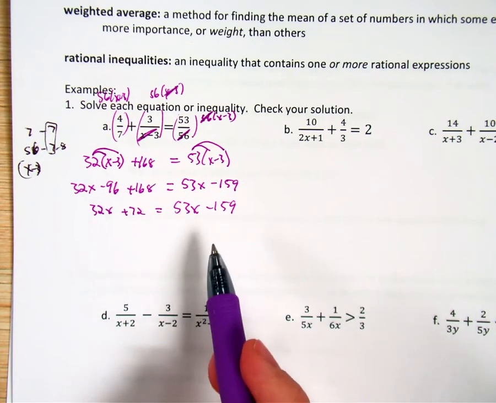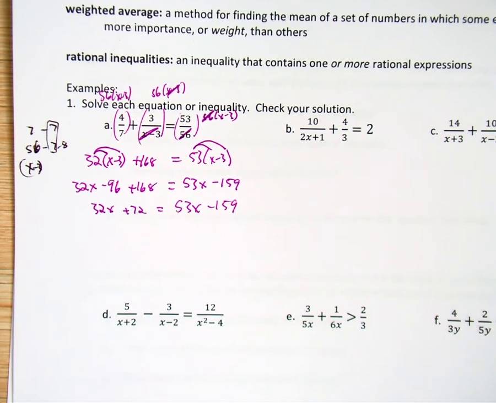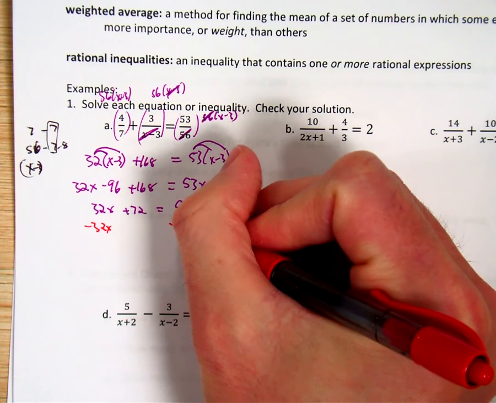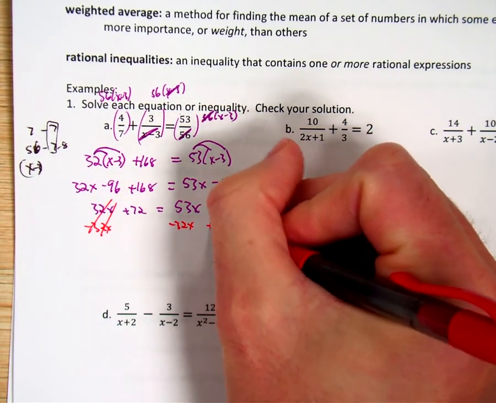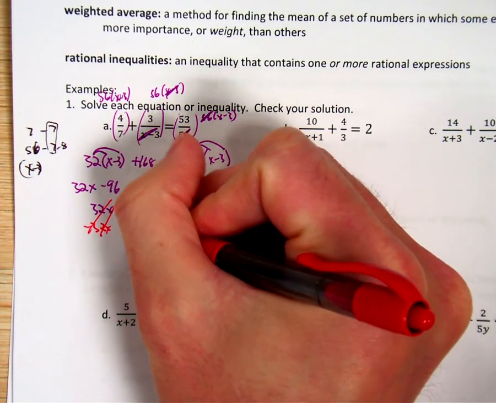What do you want to move where? I'm going to try to keep everything positive, if possible. Not always possible, but if it is, I'd like to do it. So I'm going to subtract the 32x here, so those will be gone from this side. And then I'm going to add the 159 over, which is going to keep my other numbers positive.